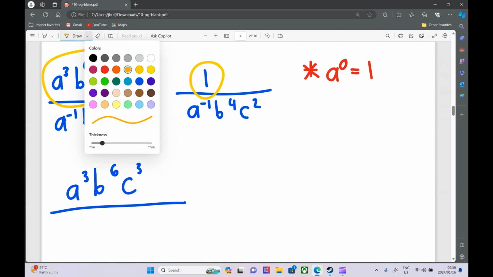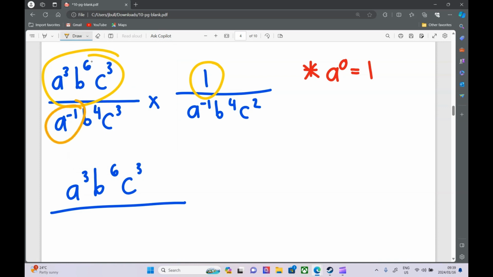Let's circle this. Okay, so a to the minus 1 times a to the minus 1. What we are going to get is, remember, if we're multiplying like this, we can just add the exponents. So a, minus 1 plus minus 1. Okay, so that's going to give us minus 2, so a^-2.